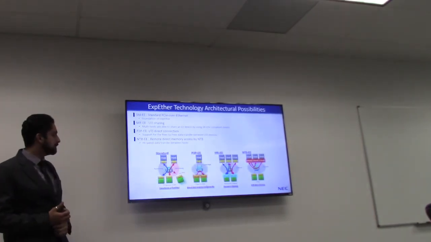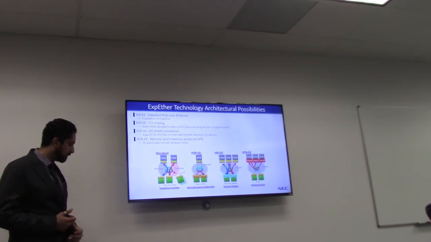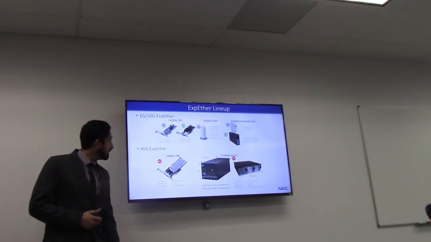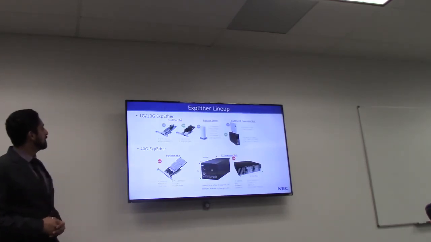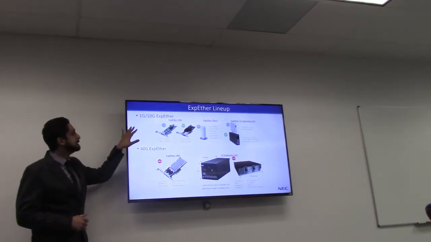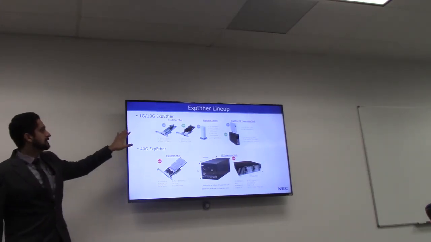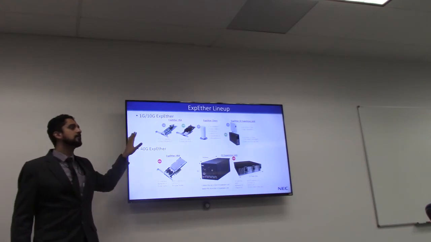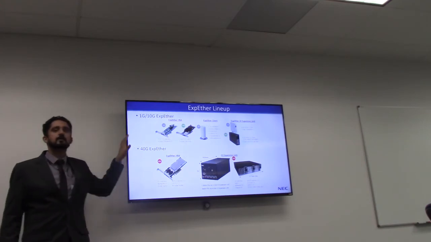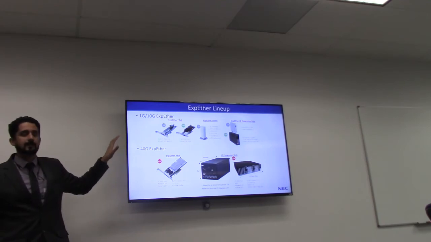And this basically allows us a variety of applications, and there are 2 major areas we have divided our applications in. On the top you see the 1G 10G version. The 1G 10G version is basically meant for IoT purposes, where you can connect your various PCIe based sensors directly to your CPU.